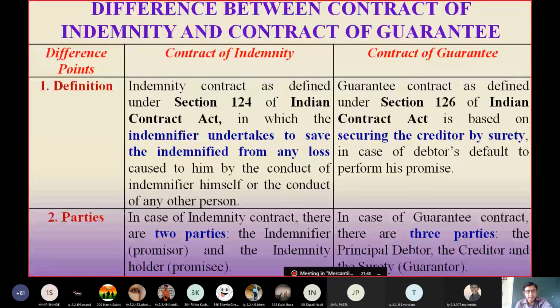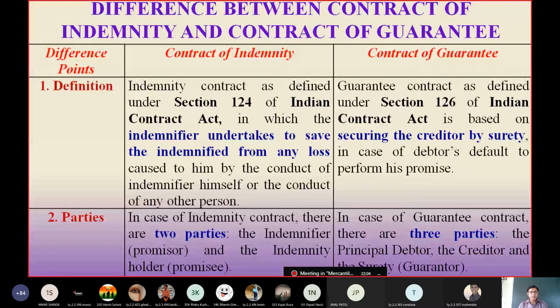Definition we have already discussed in the previous session. Let's have an overview about the contract of indemnity. Indemnity contract is defined under section 124 of the Indian Contract Act, which specifically focuses on what, sir?